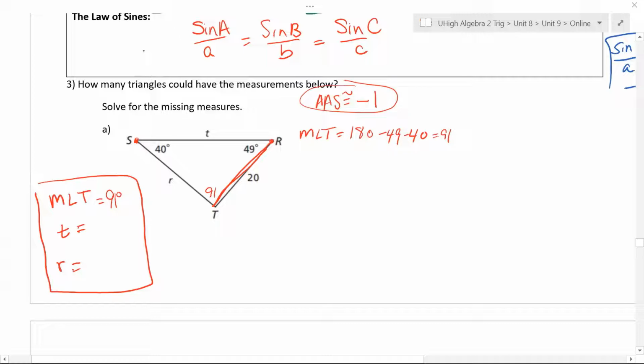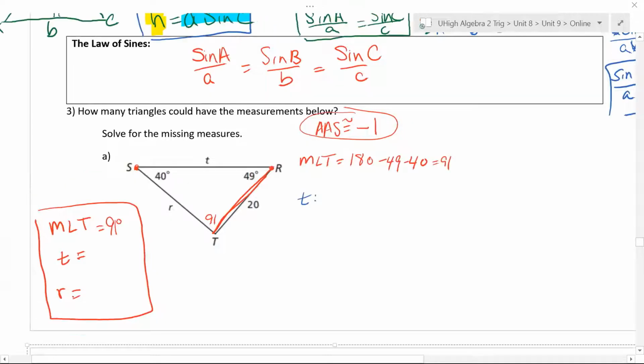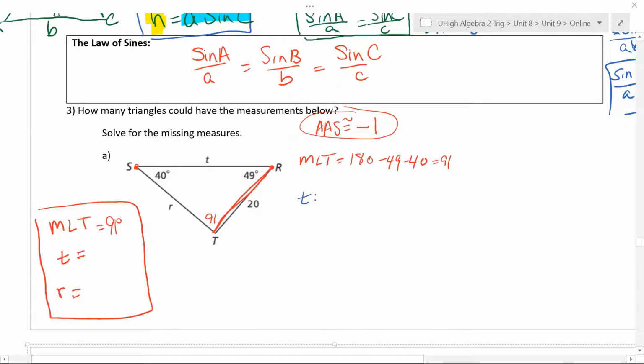Now, solving for side length T and side length R, this is where we're going to want to start to use this law of sines. So, to solve for T, first I want to find one of these ratios that I already can fill out. Where do I have an angle and its opposite side?